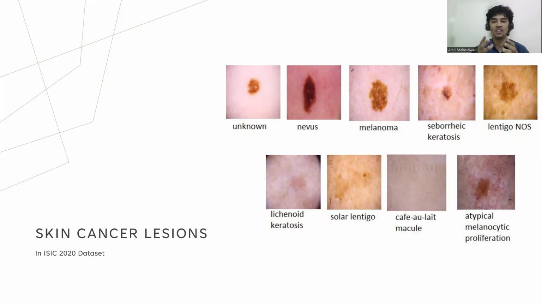The images vary based on their shape, the intensity of the lesions, the size of the lesions, and also skin tone. This variation makes the classification task for skin lesion detection challenging.